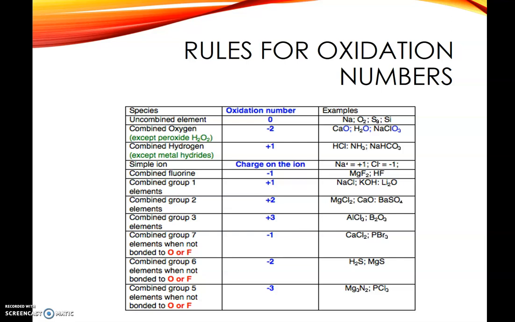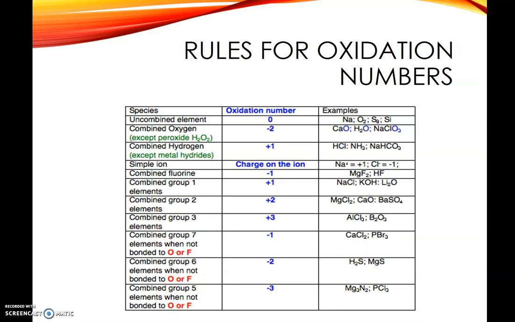Oxygen, when combined to other elements, will 99.99% of the time have the oxidation state of -2. There is an exception: peroxides such as H2O2.